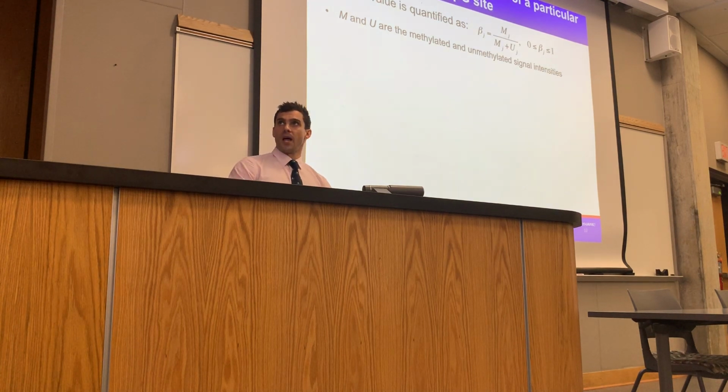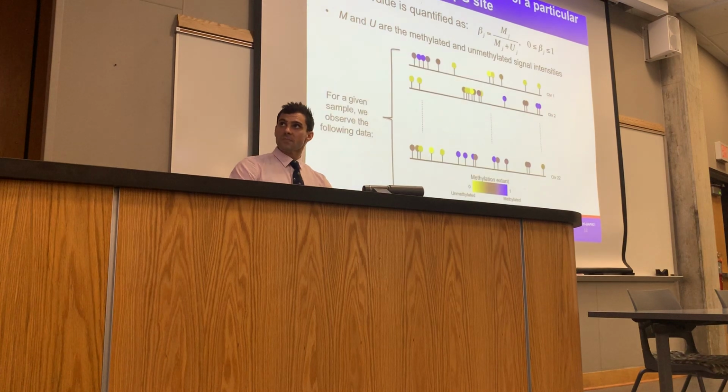To help you visualize what data from these arrays actually look like, here we have 22 chromosomes. Now each one of these lollipops represents a CpG, and those CpGs are somewhere on the chromosome. The color of each one of these CpGs reflects its methylation status as measured by the EPIC technology that I was just describing.